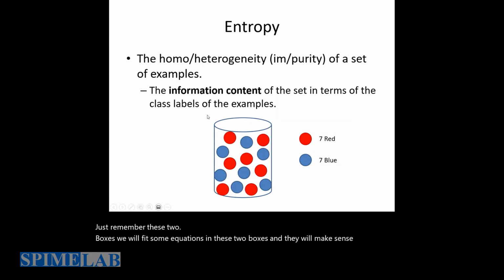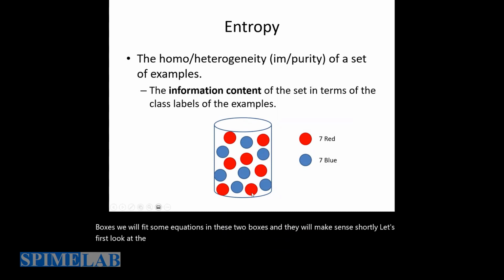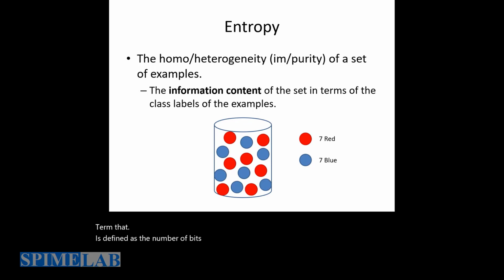Let's first look at the entropy. What is entropy? It is an information theory term that is defined as the number of bits to transmit a piece of information. So for a variable that can have two values, we need 1 bit. Just like that.